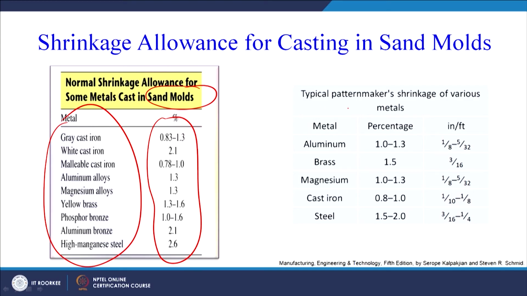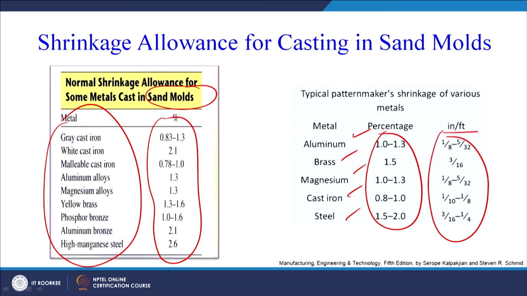This is the typical pattern maker's shrinkage of various metals: aluminum, brass, magnesium, cast iron, steel. What is the percentage? And this is given in inch per feet. What must be the shrinkage allowance? This information gives us an idea that when we are designing our casting, we must take care of the shrinkage allowance so that the pattern can be designed accordingly and the shrinkage can be easily taken care of.